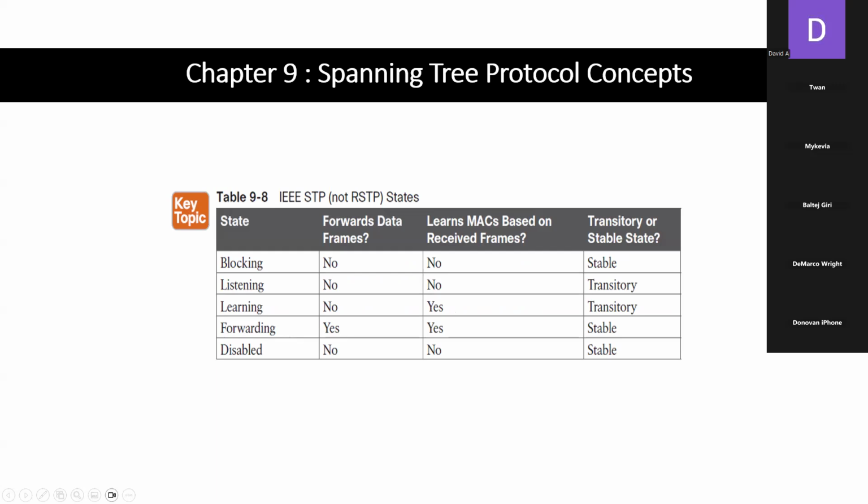We talked about this before, summarizing the different interface states for spanning tree. What I want you guys to do, whether you have Packet Tracer or your own lab, please lab this up and understand what this is.